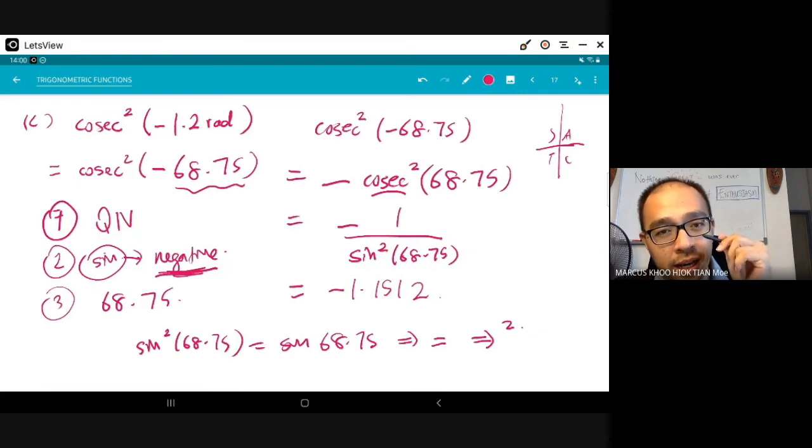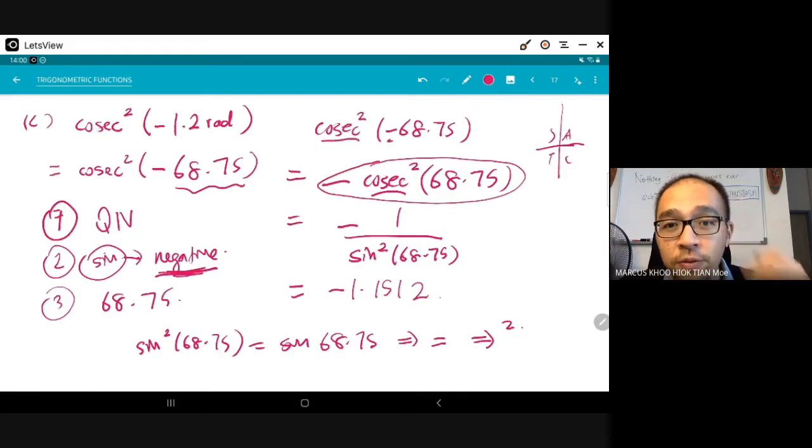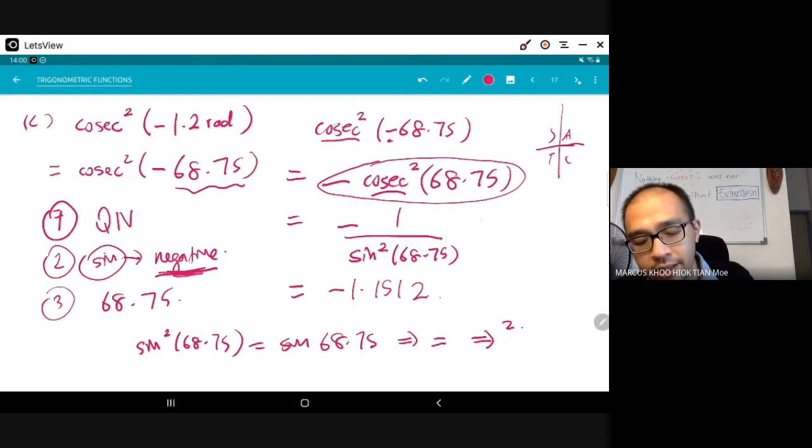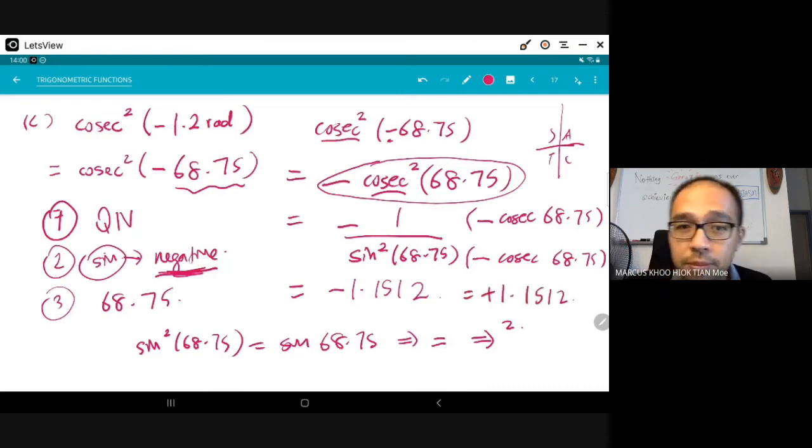Because it is cosecant squared, and every cosecant in the fourth quadrant is negative, what you need to do is negative cosecant 68.75 times negative cosecant 68.75. So the actual value will be positive 1.1512, because it is a squared angle.